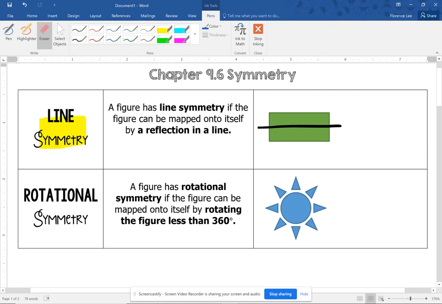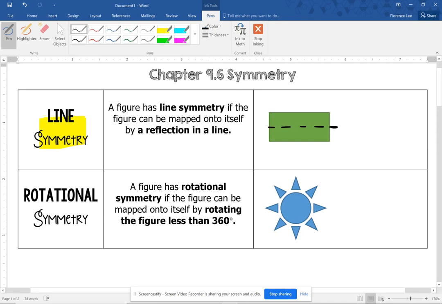If I could take this rectangle like a piece of paper and fold it, doesn't this top part, if I were to fold it down, map directly onto this bottom part? If you fold a rectangular piece of paper right down the middle horizontally, all the edges and all the lines line up. So that's one of my lines of symmetry, this horizontal line.